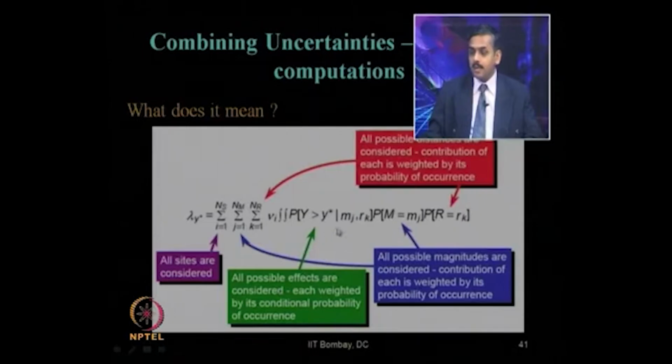This term takes care of all possible effects being considered, each weighted by its conditional probability of occurrence, for a given value of mj and for a given value of rk. That is what it says: the probability of occurrence of the event y greater than y star for a given mj and a given rk. That is the combining of uncertainties.